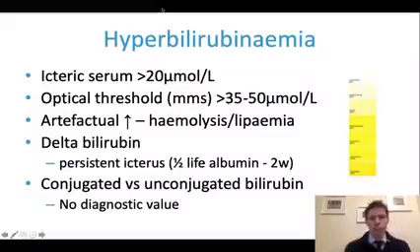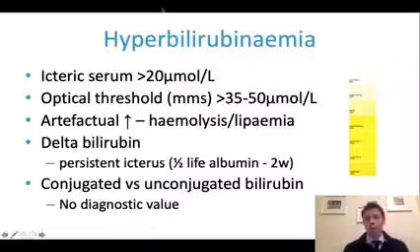Delta bilirubin can lead to persistent icterus, and given the half-life of albumin of 2 weeks, you will see binding and potentially, especially of the sclera, persistent icterus if delta protein is formed.